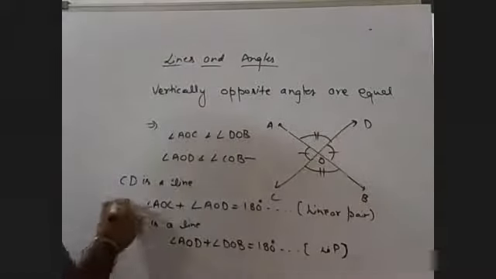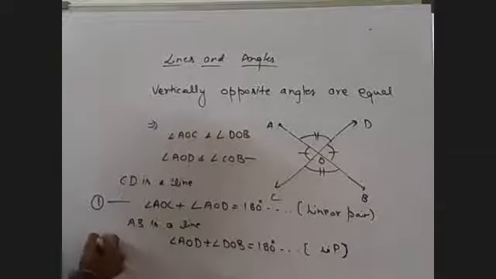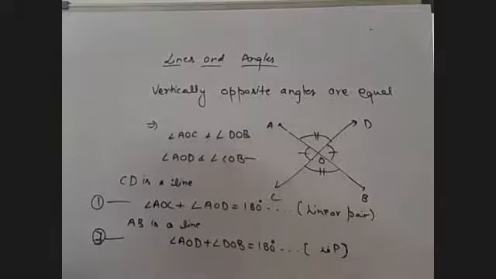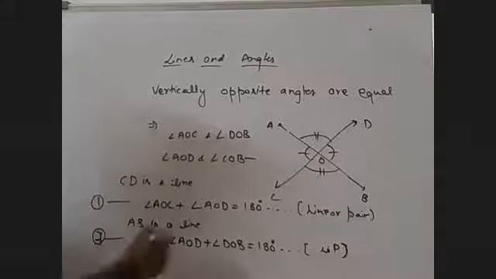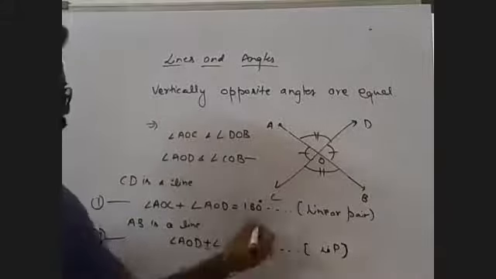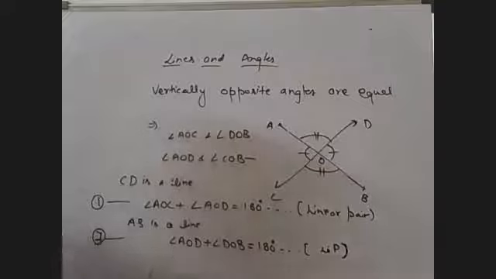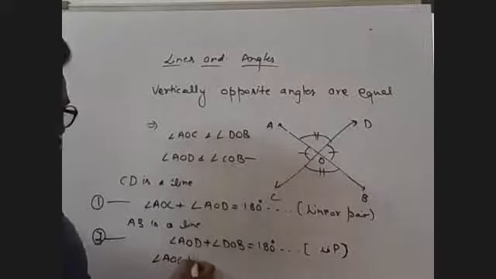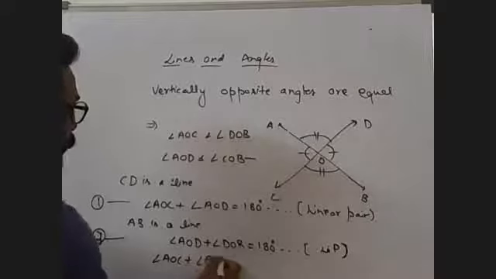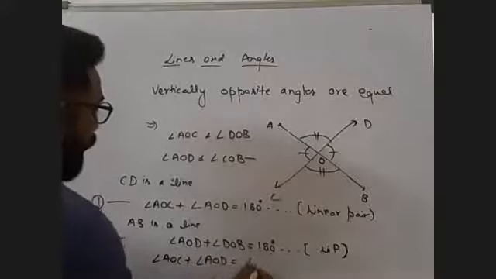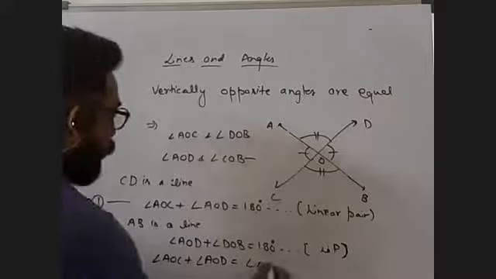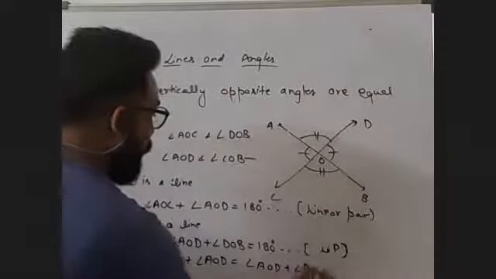Now we can name these equation number 1 and equation number 2. From equation 1 and equation 2, what conclusion can we draw? Both are equal to 180 degrees, so we can equate the left hand side of both the equations. So angle AOC plus angle AOD is equal to angle AOD plus angle DOB.